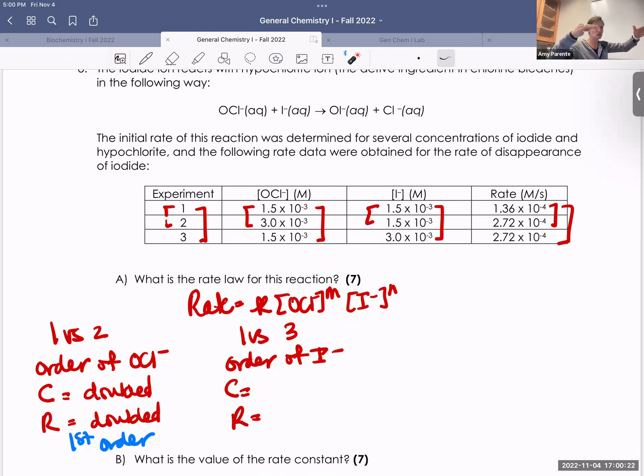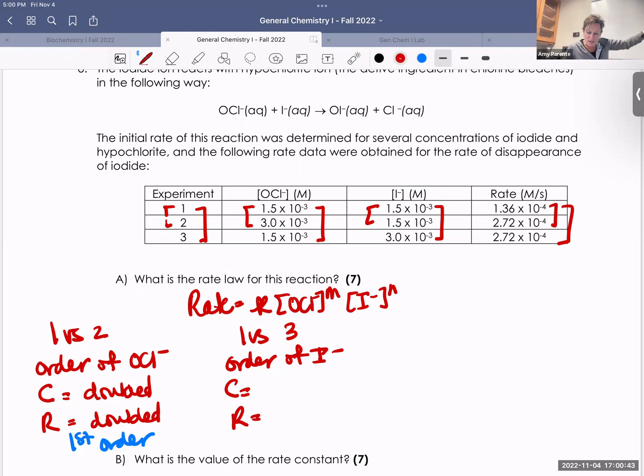You have to make sure that it's always the same. You could do it either way. I work better with numbers greater than 1 than numbers less than 1, so I always like to take the bigger number and divide by the smaller number. We do the same thing for 1 versus 3 here.